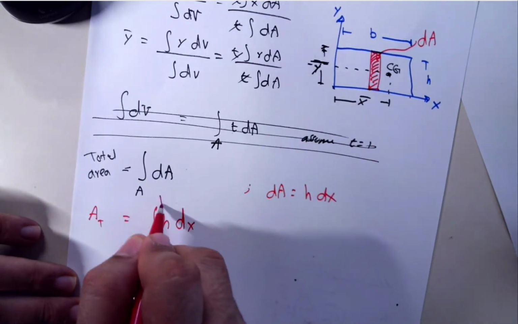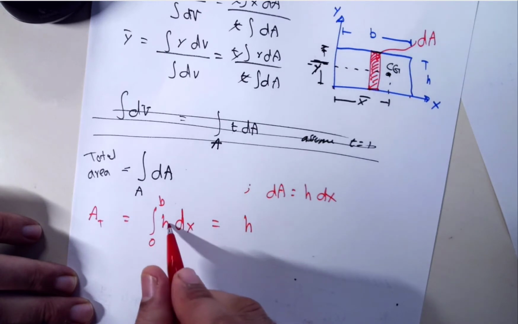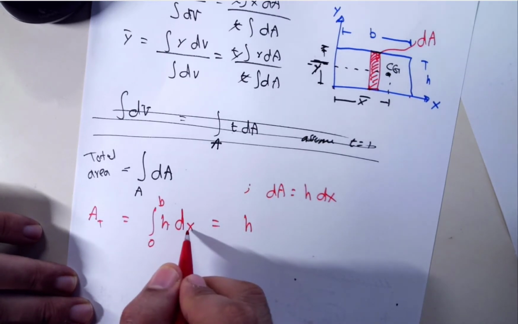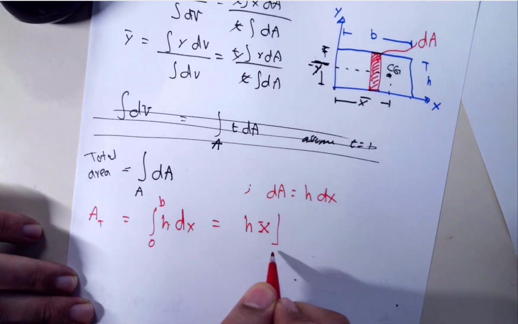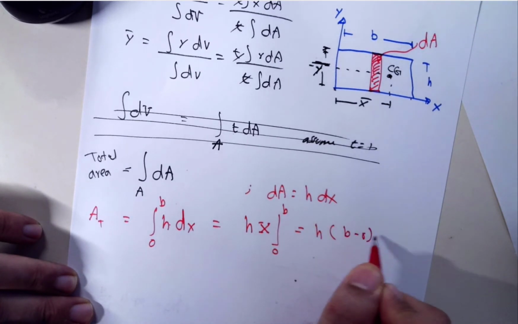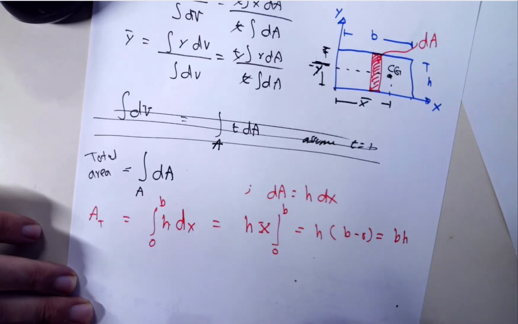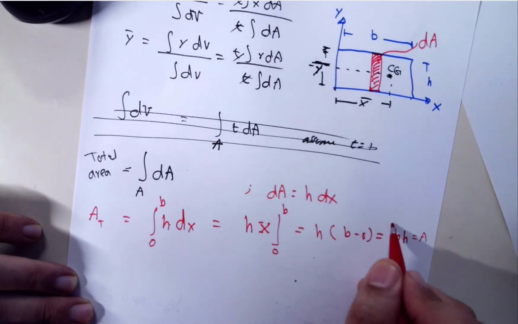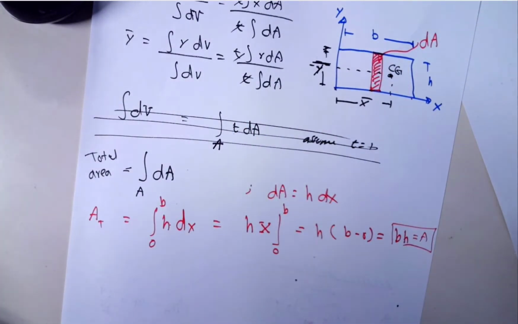The integration of a constant with respect to x is the constant multiplied by x, and you substitute from 0 to b, so this is equal to h times (b minus 0), which is equal to h b, right? So this is the total area, when it's simple and we know it, right? So this is all known. All right, so what about this quantity?